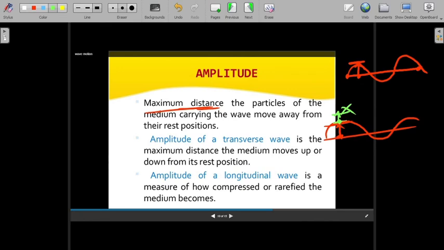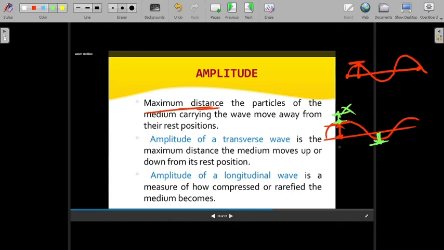When this position is reached, it is called the amplitude. You can also call the downside the amplitude. So the maximum displacement of any particle producing the wave is called the amplitude.